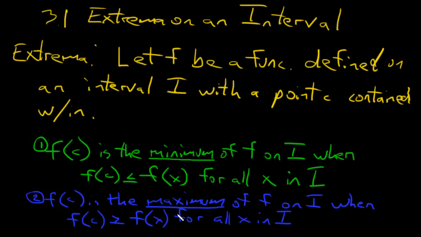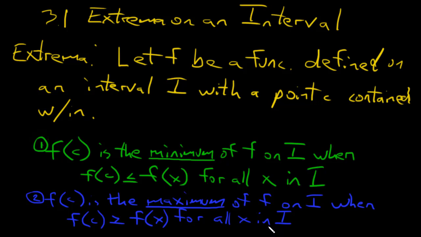So if the y value is the maximum of all the values for the function on an interval I, that's when that y value is greater than or equal to all the y values for all x in I.